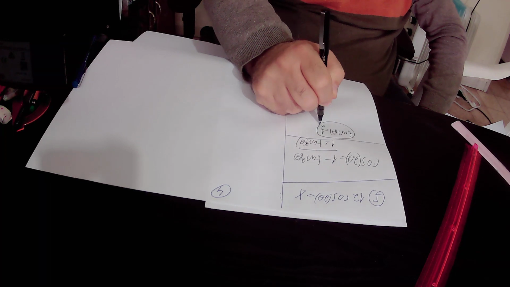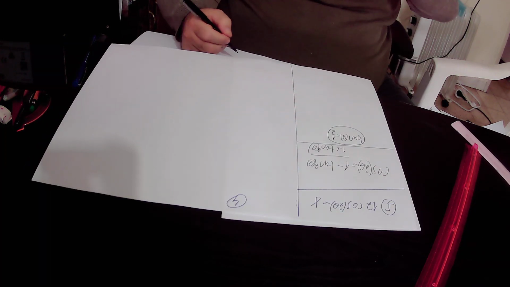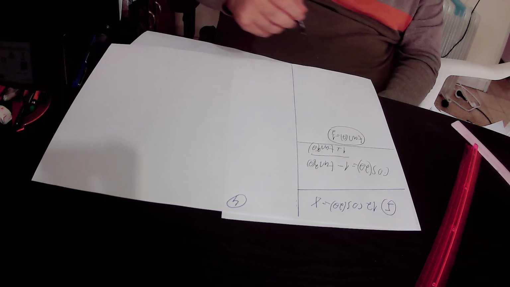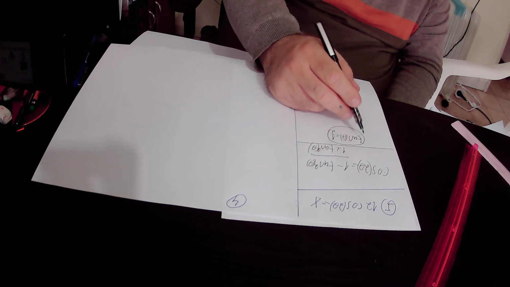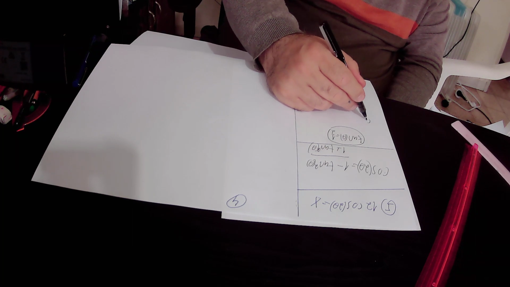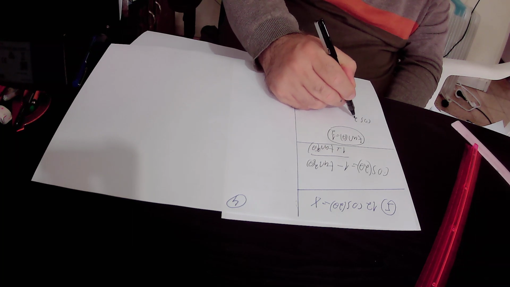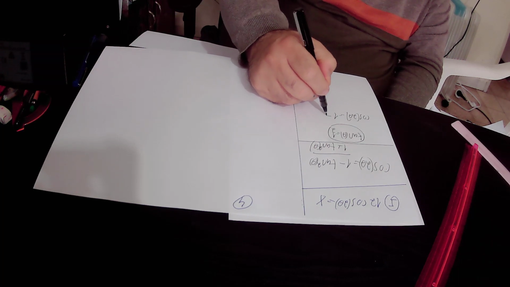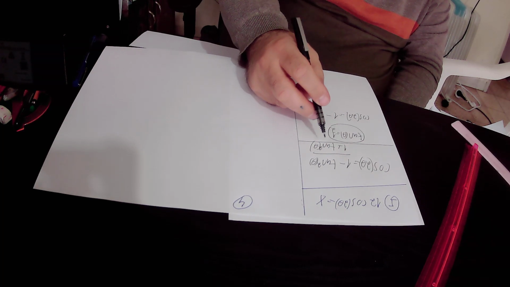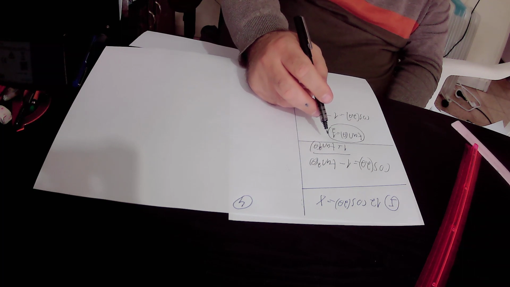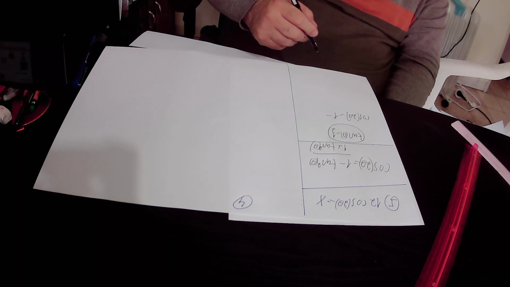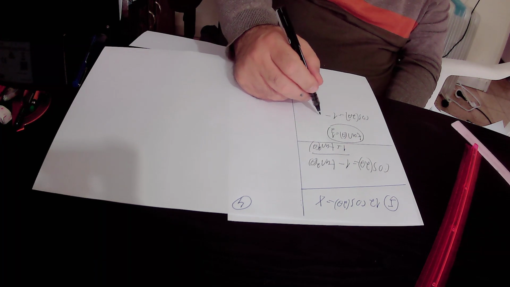Now we can substitute tangent theta in this trigonometric identity by 1/2. Cosine 2 theta equals 1 minus tangent square theta. Tangent theta equals 1/2, therefore tangent square theta will be equal to 1/2 squared.